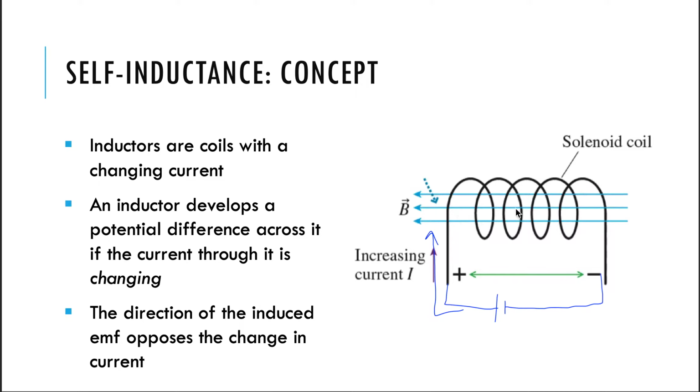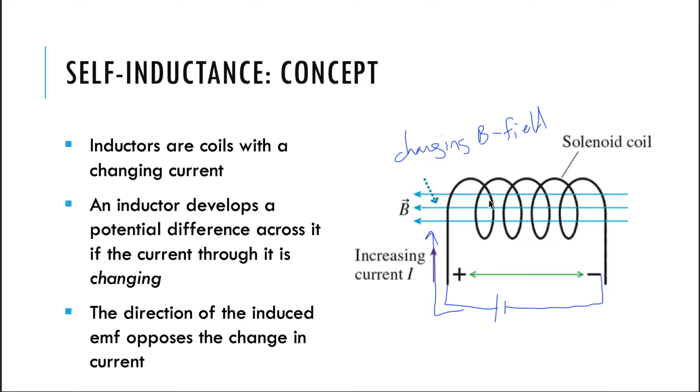Now, we've learned that a solenoid will produce a magnetic field when there's a current going through it. So there is now a changing magnetic field through this coil because of the current. And now let's think about Faraday's law. Do you remember Faraday's law?